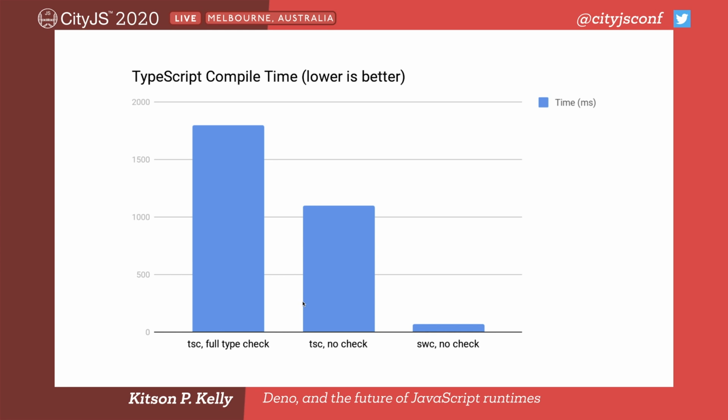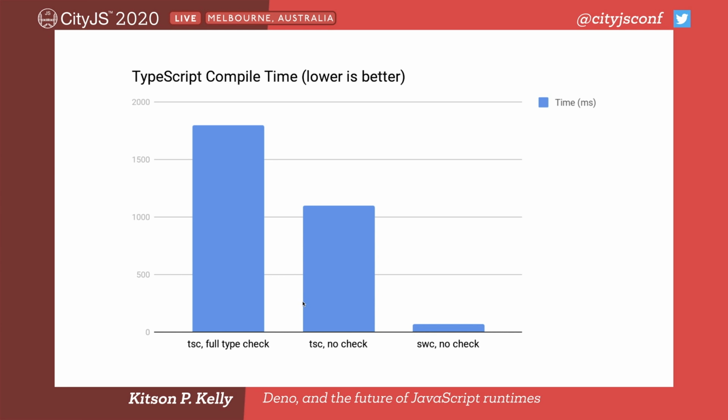But then we have been using in Rust a project called SWC, which is the thing that powers the linting, and partly powers the formatting.